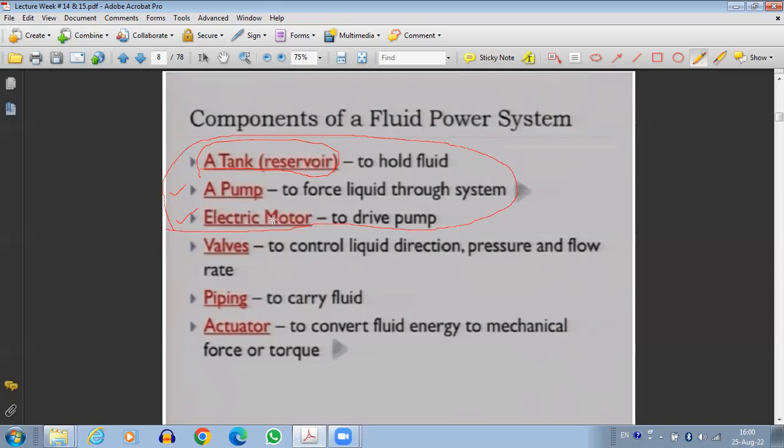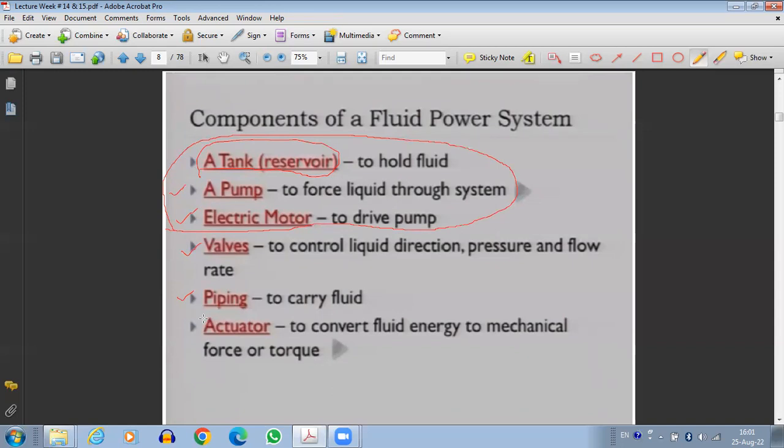Now, once the hydraulic power is generated, the next thing is the controls. In order to control the flow of the hydraulic fluid, valves are used, and piping is used to actually make the flow and control the flow. And then the last thing is the transmission.